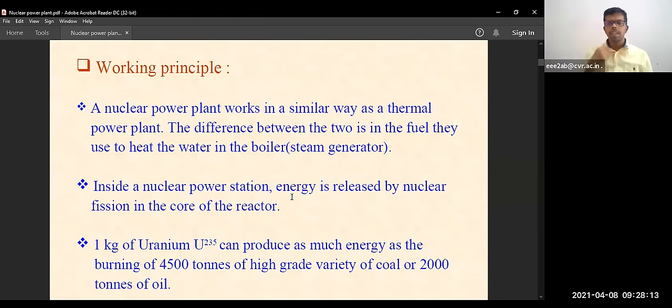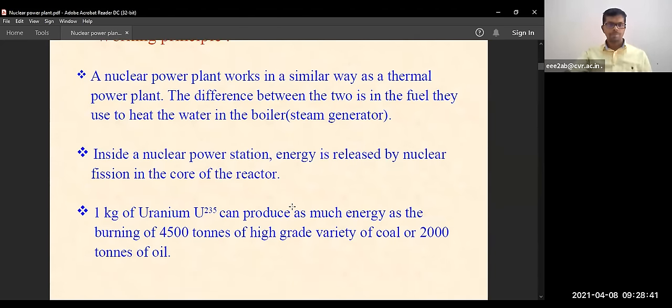That is very costly. So if you have 1 kilogram of uranium 235 in your hand, that will be equivalent to 4,500 tons of high grade coal and 2,000 tons of oil. This is the very big advantage of the nuclear power plant.